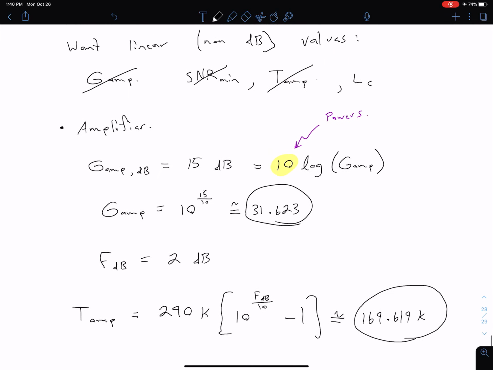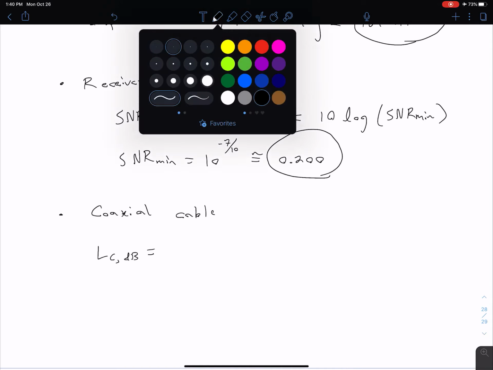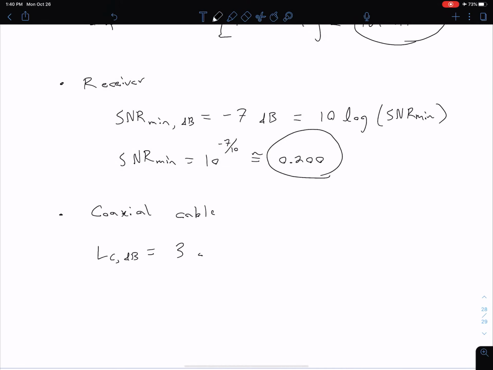And then the last thing we want to look at is the loss in our cabling. And so remember, for this coaxial cable, we were told that the LC in dB was equal to 3 decibels. So 3 decibels, which again is just going to be 10 log of our linear LC.